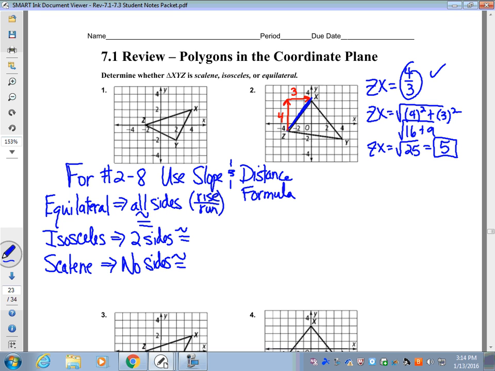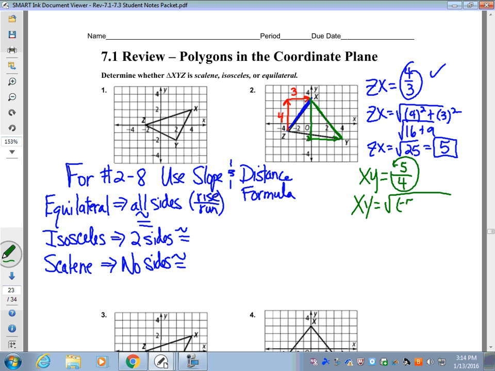So we did ZX, then I'm just going to go to XY. To go from X to Y, I'm now going to go down 1, 2, 3, 4, 5, and then to the right 1, 2, 3, 4. So down is -5, right is +4. So there's my slope. And now I'm going to use the distance with that slope.